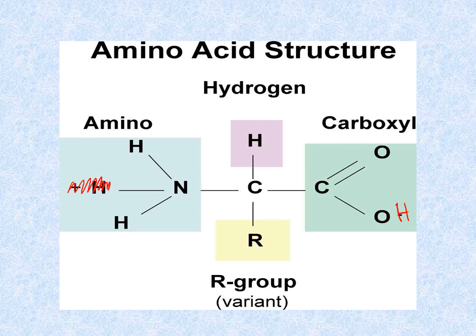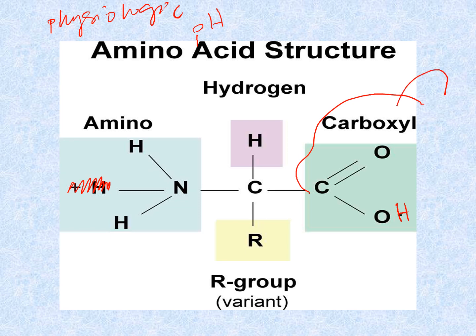Now, let's say your amino acid is in physiologic pH, which means we expose your amino acid to physiologic pH 7.35 to 7.45. What will happen? Guys, the normal behavior of your carboxyl group in physiologic pH is it will let go of one hydrogen atom.